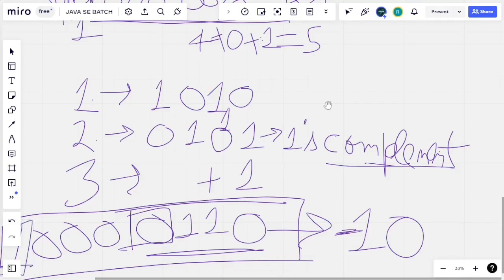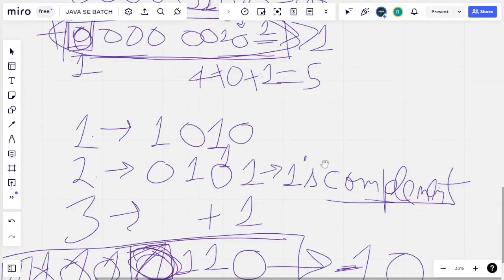Actually you will not get 0 here. You'll get 1. Sorry. You'll get 0 here. Yeah. Like that. So this is how you represent a negative number in binary.